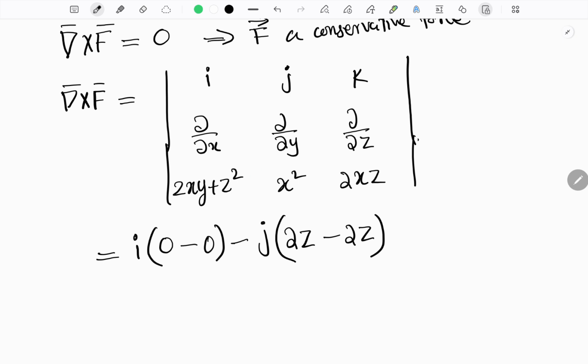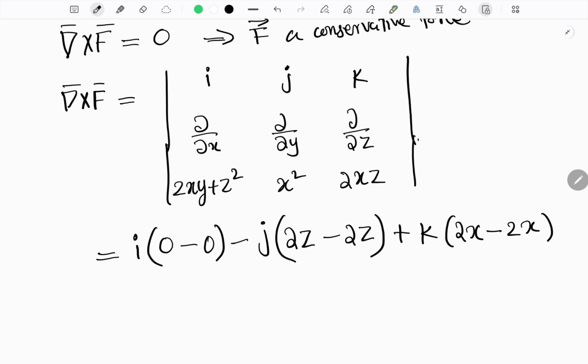So only the derivative of z² will come, that is 2z. Now the k component: ∂/∂x of x², that is 2x, minus ∂/∂y of (2xy + z²), which will be again 2x.